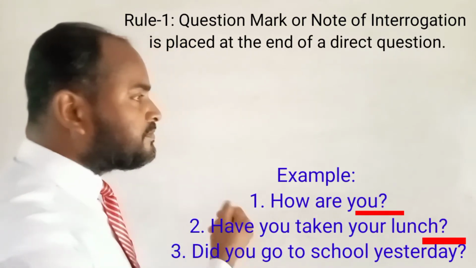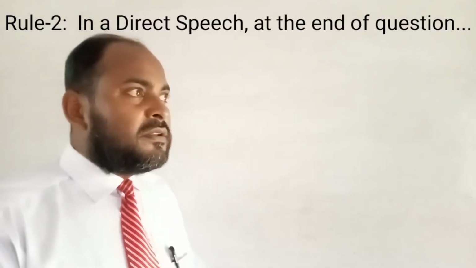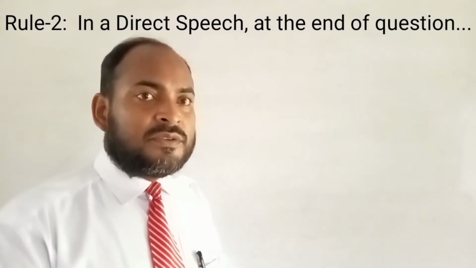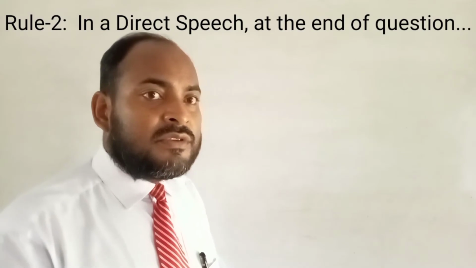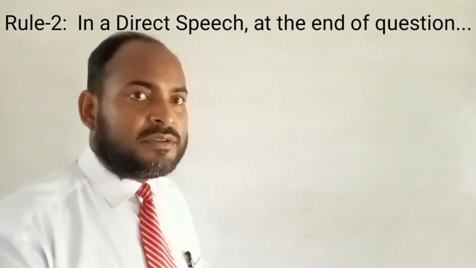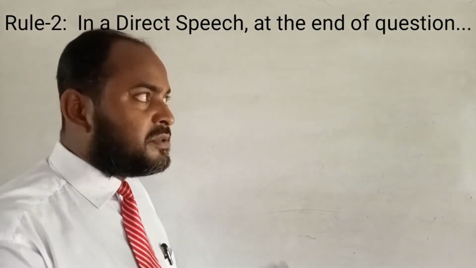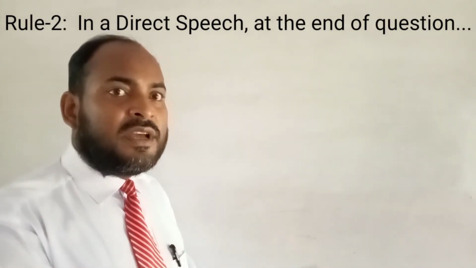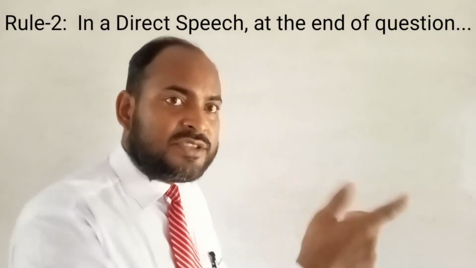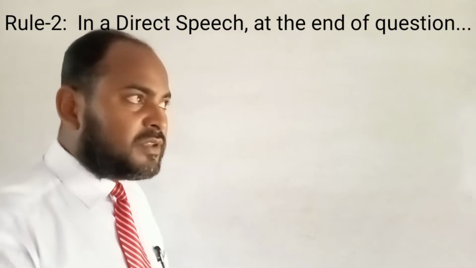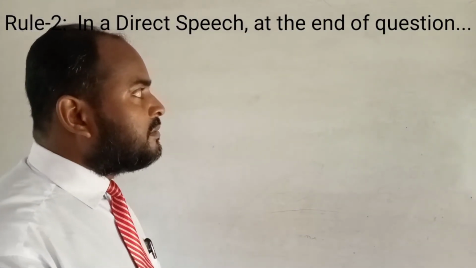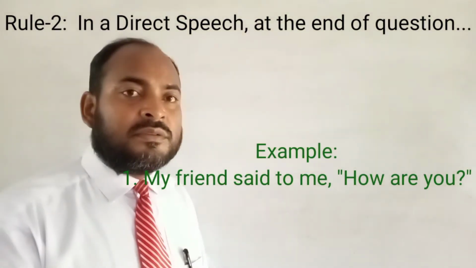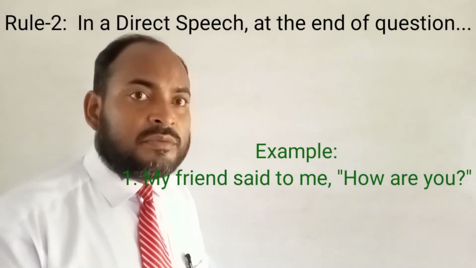Rule number 2. In direct speech, at the end of a question, note of interrogation is placed at the end of the question in direct speech. Example: my friend said to me, how are you?